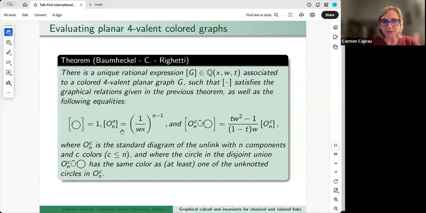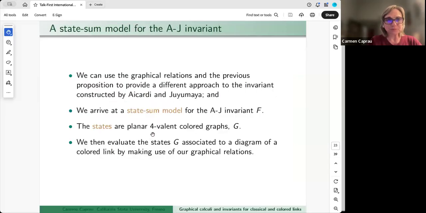So then we use certain scaling relations that come from how the original polynomial was defined. I'm looking at the time, I need to go a bit faster, but this allows us actually to say that there exists a unique rational expression associated to a colored 4-valent planar graph that satisfies the graphical relations that we had before, and these evaluations.